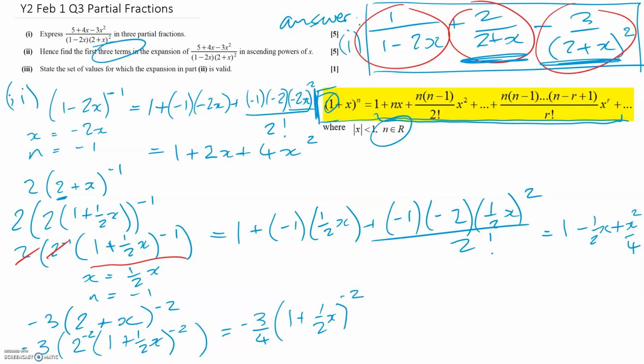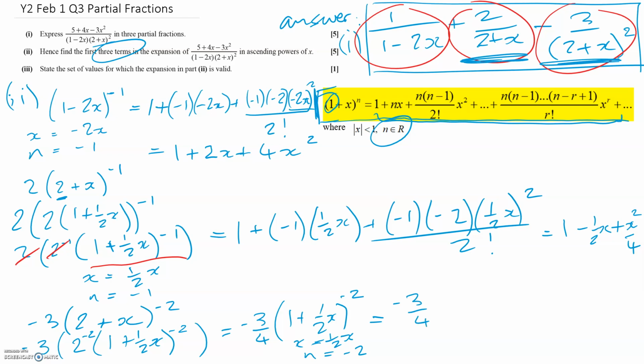So now we can do the binomial expansion, replace x with a half x just like we did last time, replace n with minus 2 this time. And don't forget the minus 3 quarters at the front.